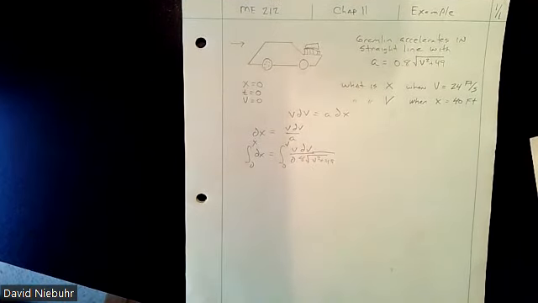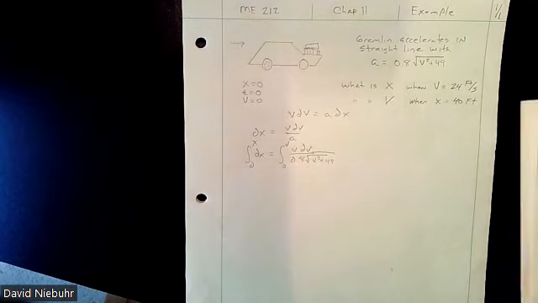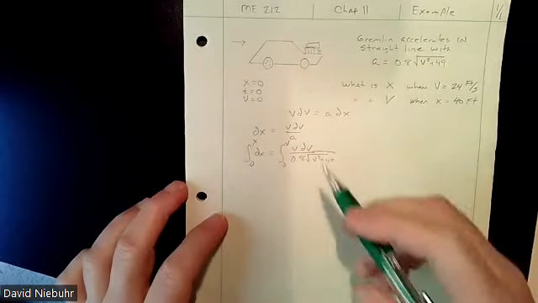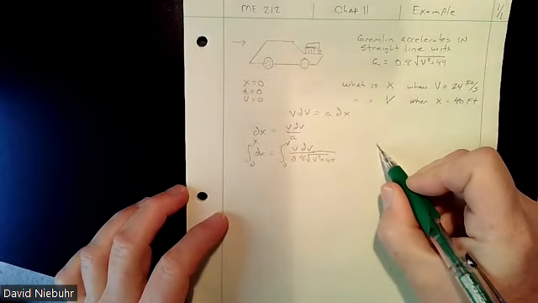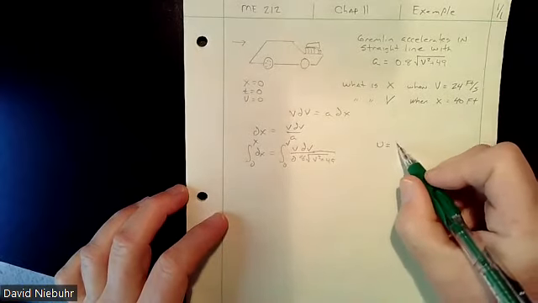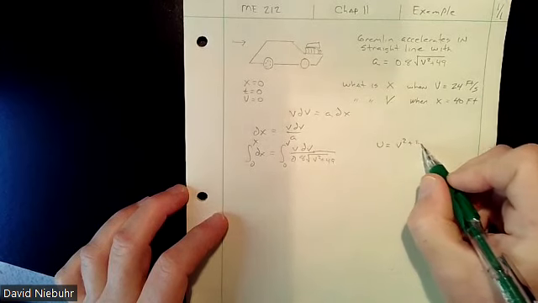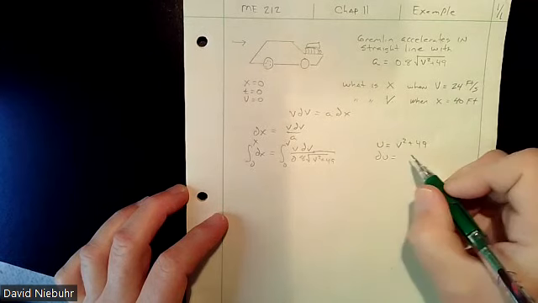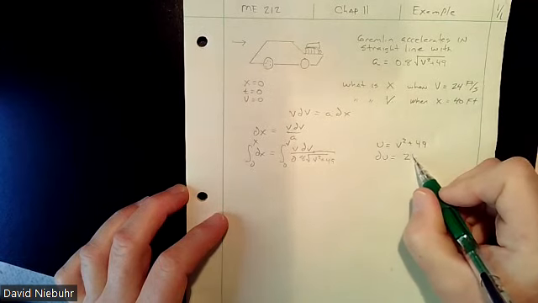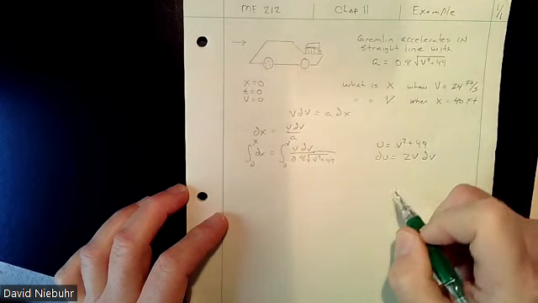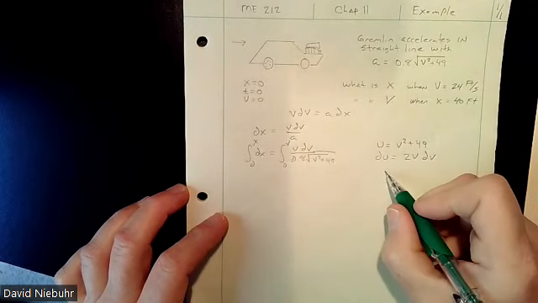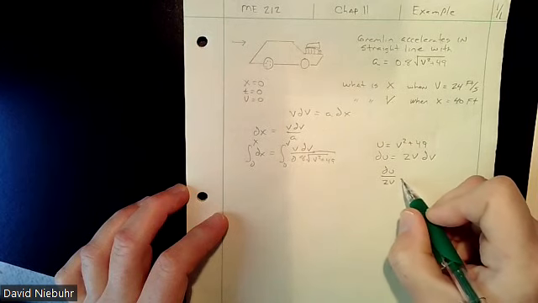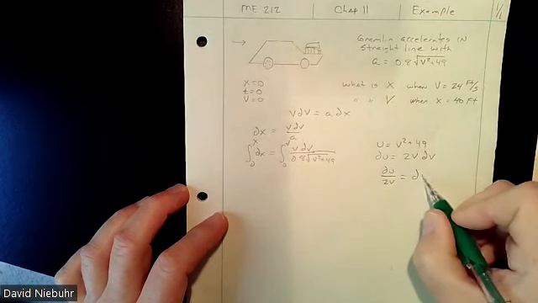So not a super simple integral, but not a difficult one. We're going to use u substitution. I'm going to say that u is equal to v squared plus 49, and du is going to be equal to 2v dv. Therefore, du divided by 2v is equal to dv.